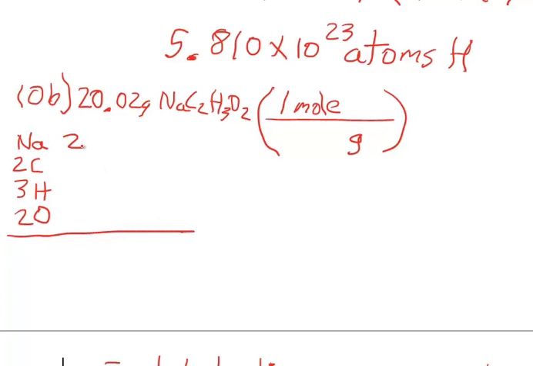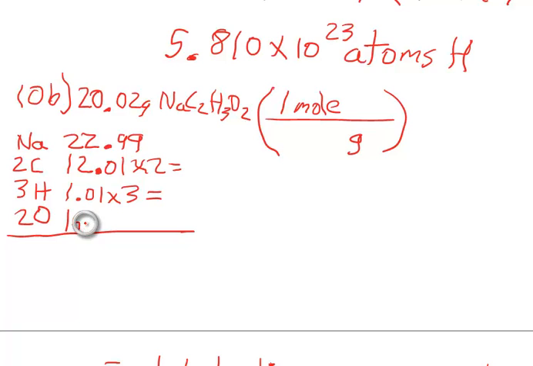Na 22.99, carbon 12.01 times 2, hydrogen 1.01 times 3, and oxygen 16 times 2.